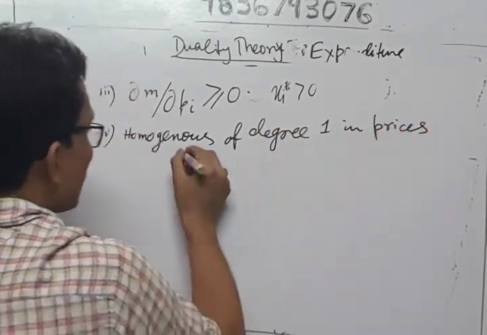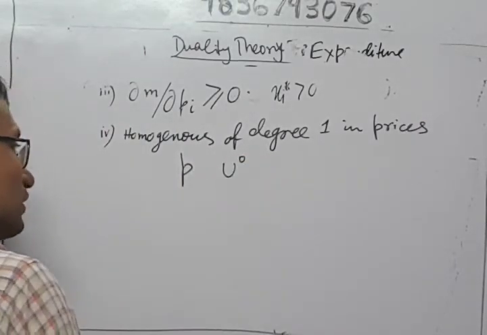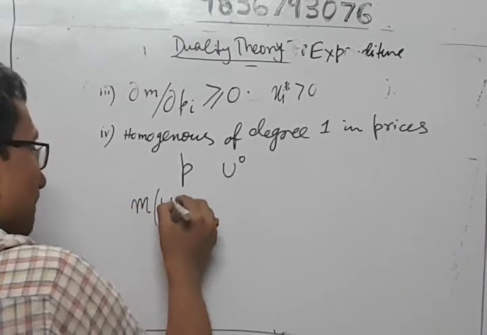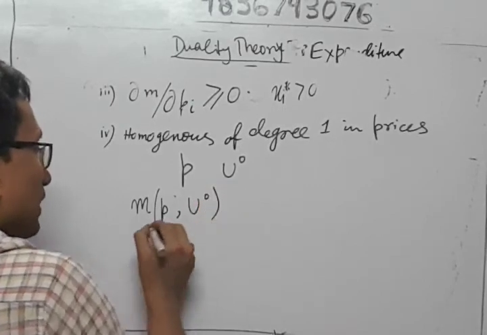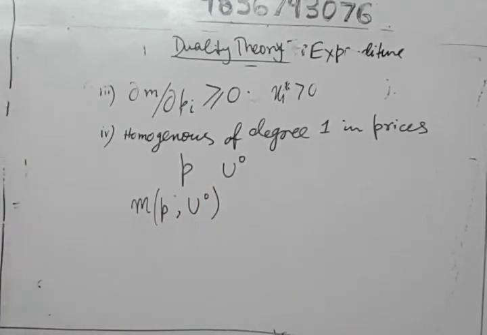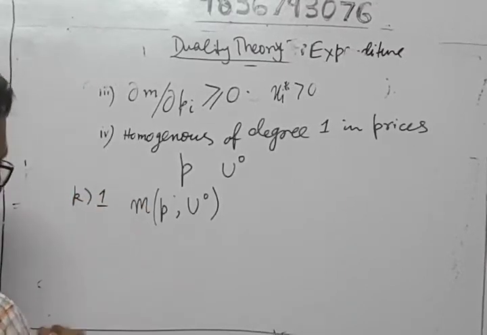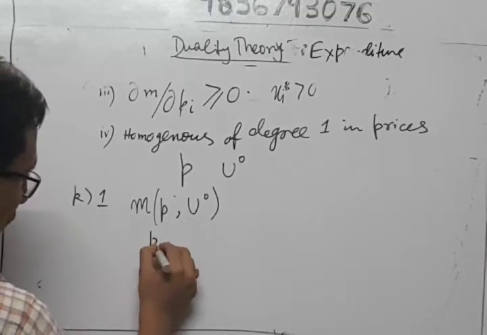So let us assume there is a given price vector p and a level of utility u0, and the expenditure function that minimizes this expenditure is given by m of p, u0. Now let us assume that the prices of all the goods change by a given factor k, where k is, let's say, greater than 1. Okay. So now the price vector changes from p to kp.